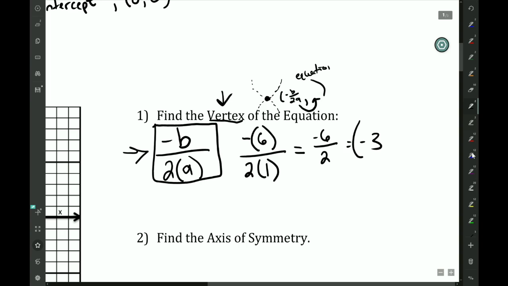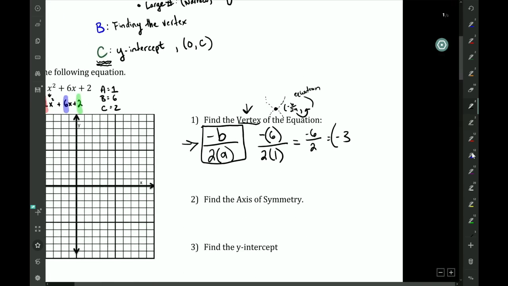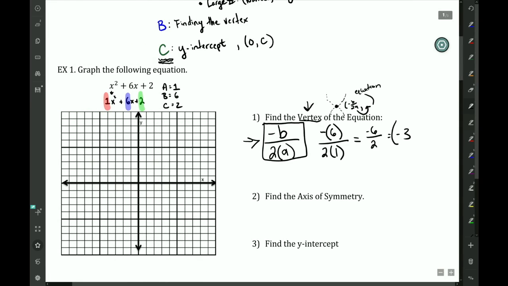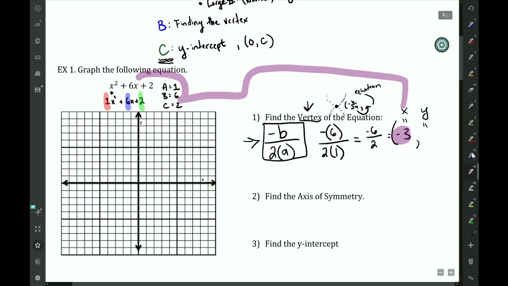This is where it can get kind of difficult, but again, we'll practice. So the equation is x squared plus 6x plus 2. We found x to be negative 3. For the y-coordinate, we're going to plug negative 3 in for x and in for x.